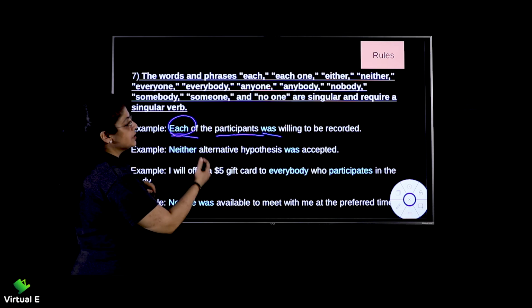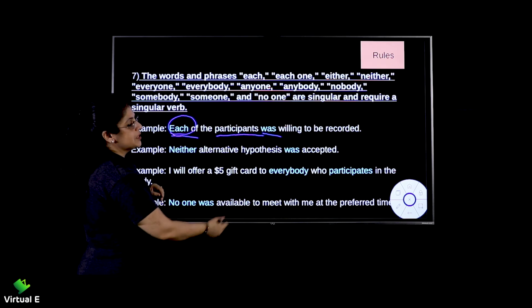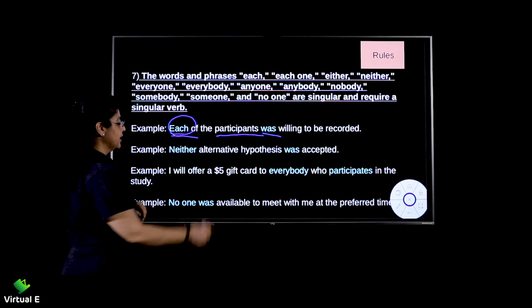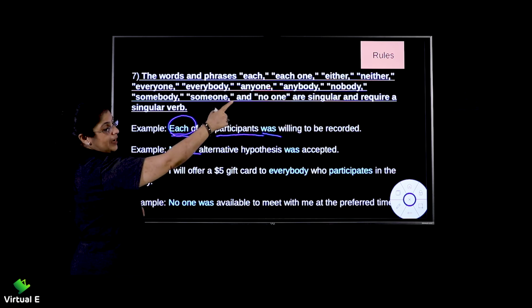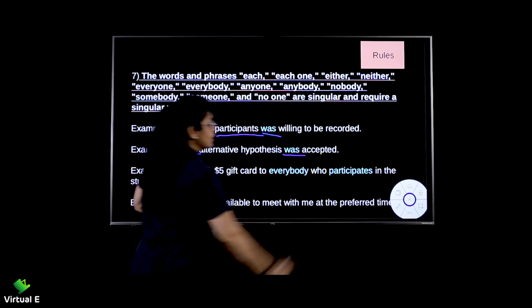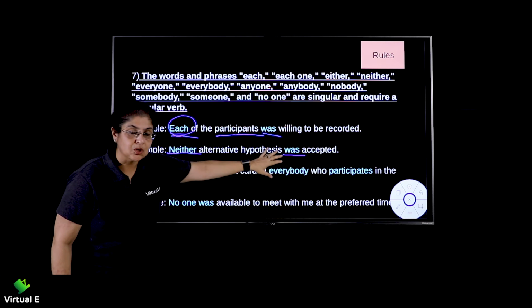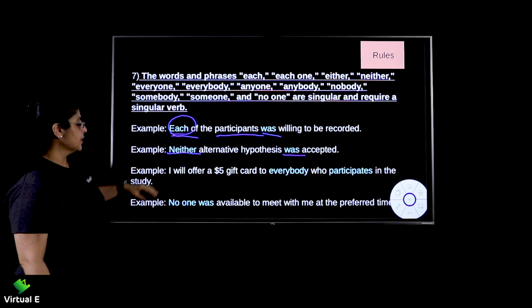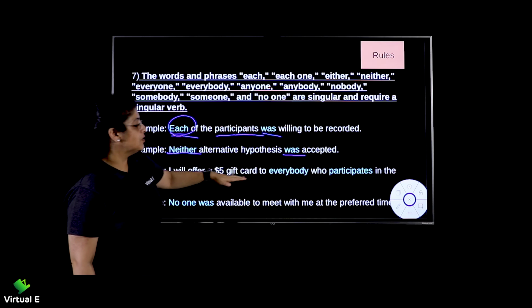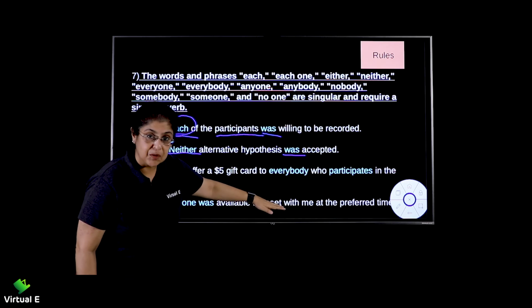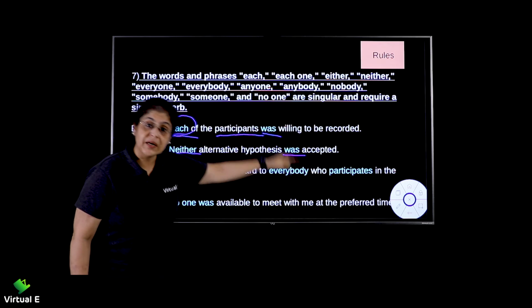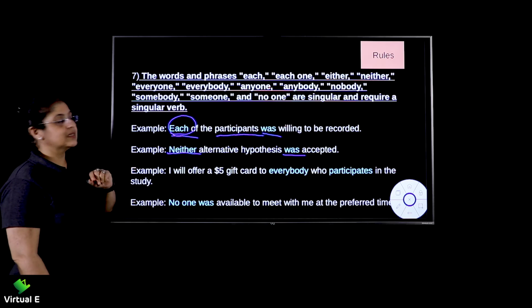Neither alternative hypothesis was accepted. Look at this. We already have this in our list. Yes. So because this is singular, our verb is also in the singular. I will offer a $5 gift card to everybody who participates in the study.